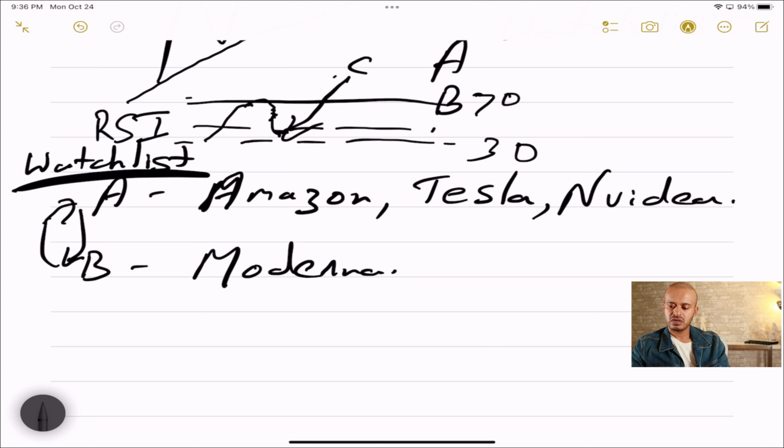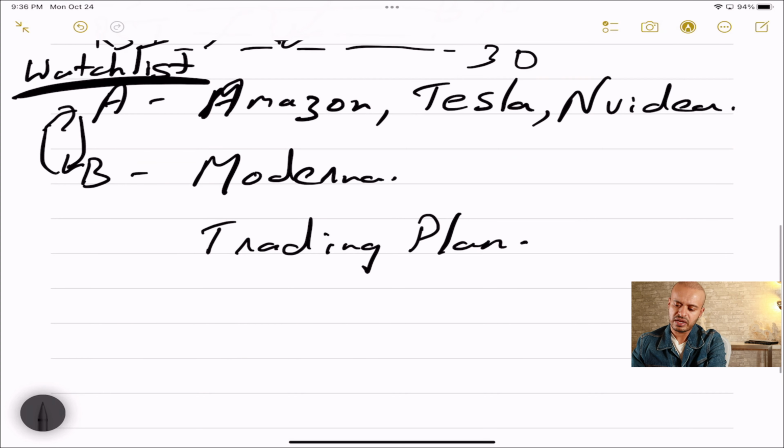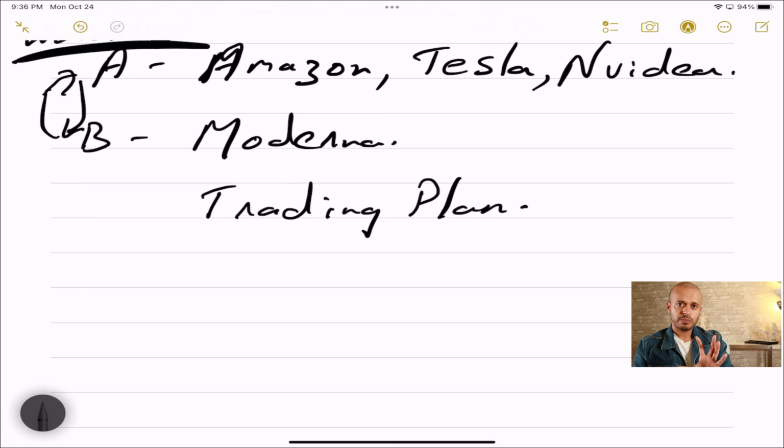And this is part of the plan cycle. If you know what a trading plan is, I think I talked about it in another video, but I just want to mention that a trading plan consists of a few important principles. The first one is to plan. The second is to implement.